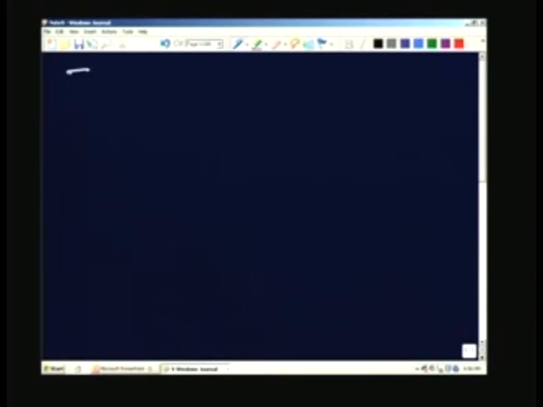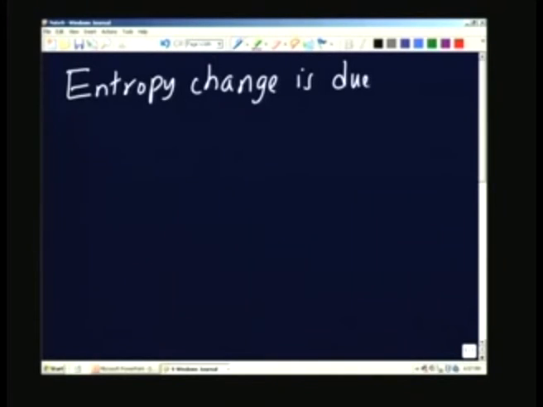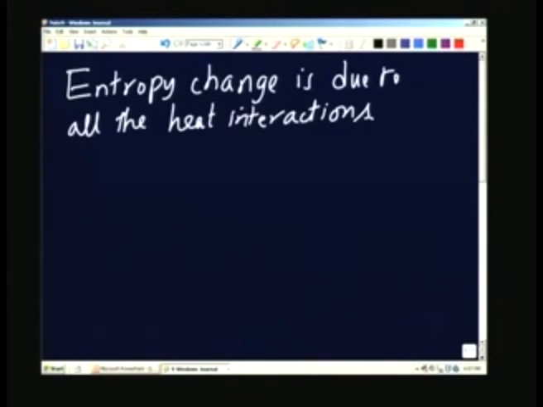The entropy change is due to all the heat interactions.